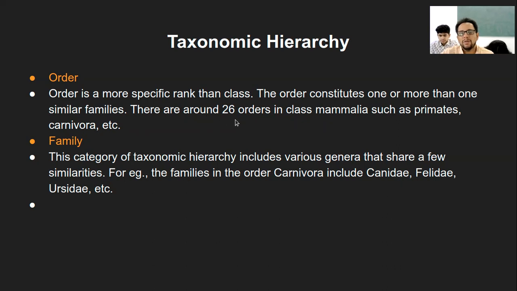So there are a total of 26 orders in the class Mammalia. Like within the mammal category, there are 26 subclasses. One of them is primates, where the human form is considered. We will look at the meaning of these primates. Or carnivora, these are all, let's say, your cat family, right?